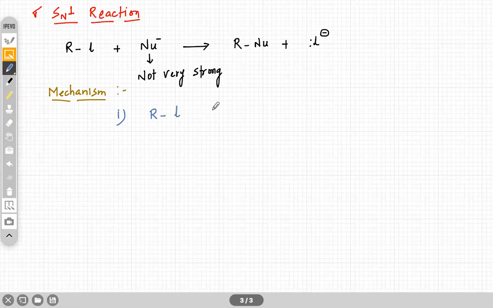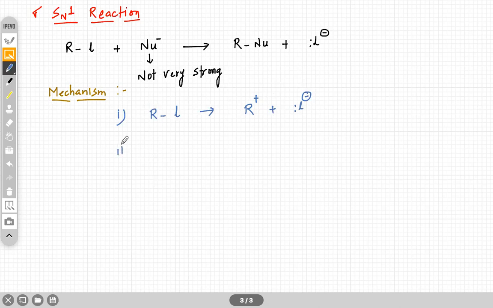In RL, the bond dissociates, forms a carbocation, and the leaving group goes out. In the second step, this R plus carbocation gets attacked by the nucleophile Nu minus, and it forms RNu. This is the whole mechanism.